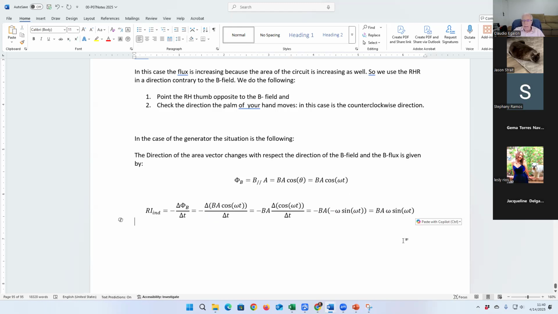And the current now is going to depend on the frequency of rotation of your circuit. Okay? So here you go.